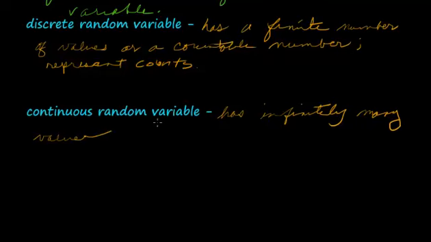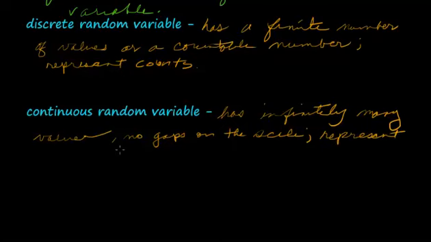There are no gaps on the scale, so I'll just make a note, no gaps on the scale. So when we say that discrete random variables represent counts, what do we say about continuous random variables? They represent measurements, right?